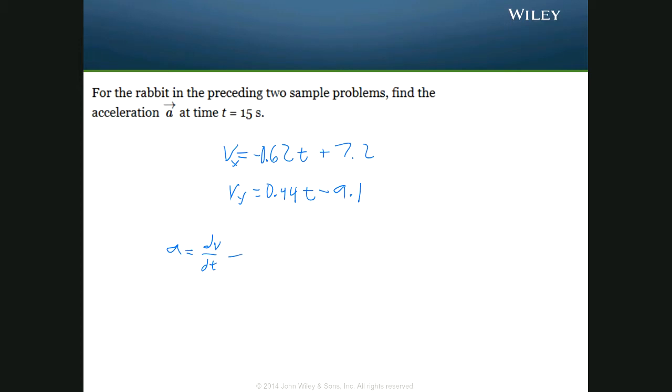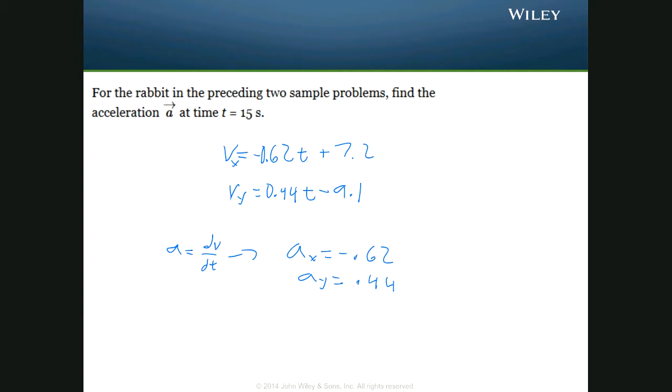And so that means that ax equals minus 0.62, and ay equals 0.44. I just simply took the derivative of those linear functions up above, and that's all I did.